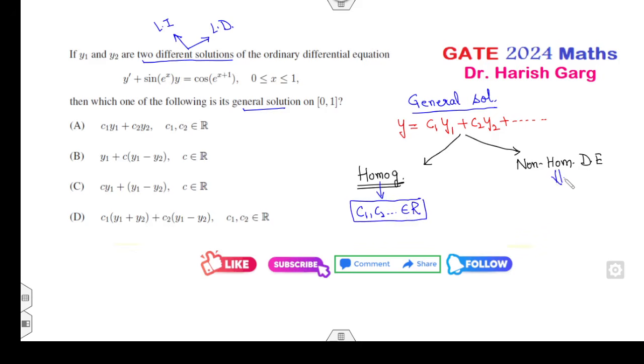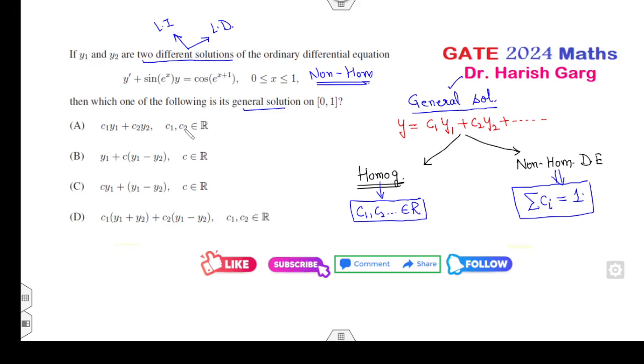But if it is non-homogeneous, then the sum of the coefficients of the yi's must be 1. If this condition is satisfied, only then you can say this is the general solution. Now look at the given statement, whether it is homogeneous or non-homogeneous. The right hand side is non-zero, that means the given equation is non-homogeneous.